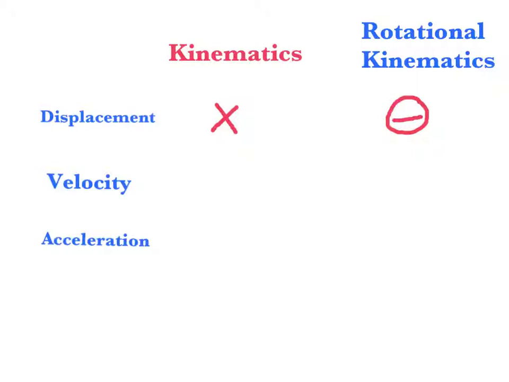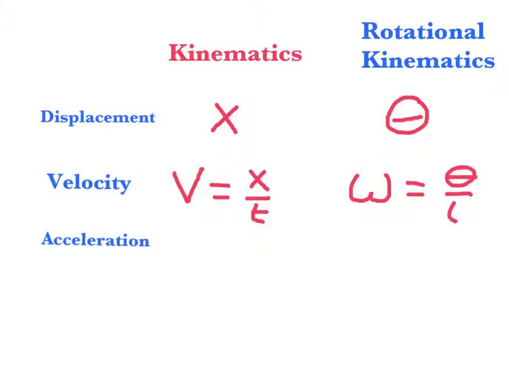In kinematics, velocity is displacement divided by time, and we measure that in meters per second. And in rotational kinematics, angular velocity is angular displacement divided by time, and that's measured in radians per second.